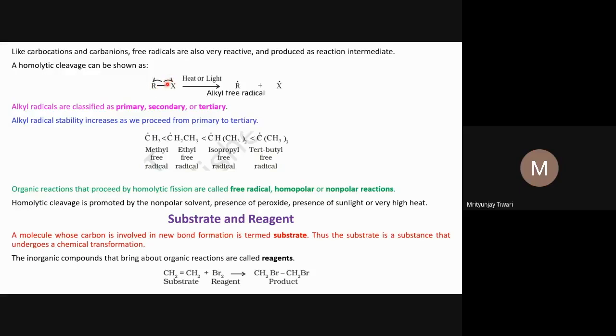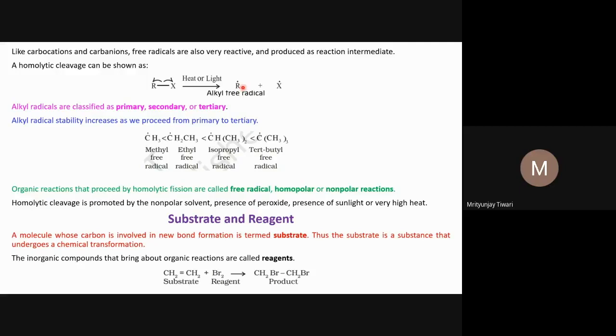It simply means one electron is going towards this atom and one electron is going to this atom, and this half curved arrow, the fishhook, starts at the middle of the bond and ends at either atom. So like carbocations and carbanions, free radicals are also very reactive species.